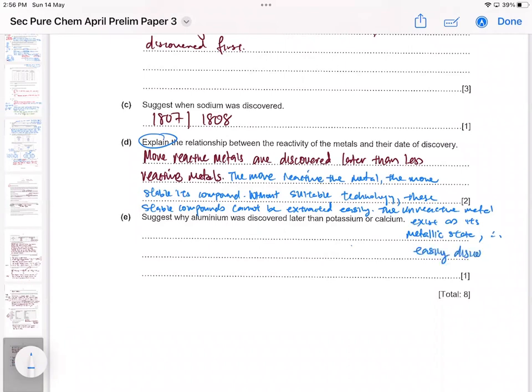Something like this. So I talk about the technology required to extract the more reactive metals. And for the less reactive ones, they are discovered more easily due to their existence as a metal most of the time.